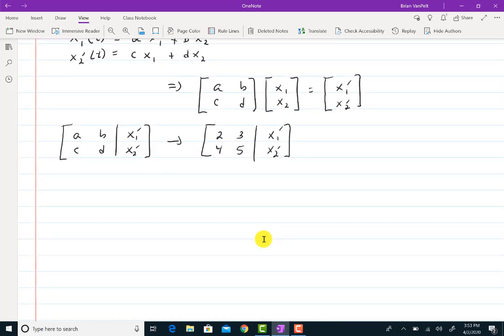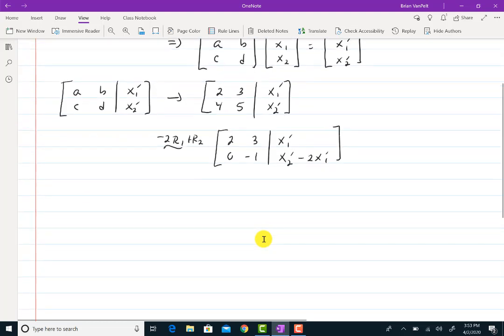Typically you might do negative 2r1 plus r2, and that'll wipe out what's below it. Get a 3 here, x1 prime, and then you'll get a negative 1 here, x2 prime, but I have minus 2 x1 prime.